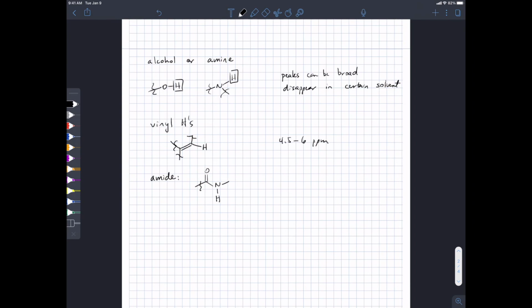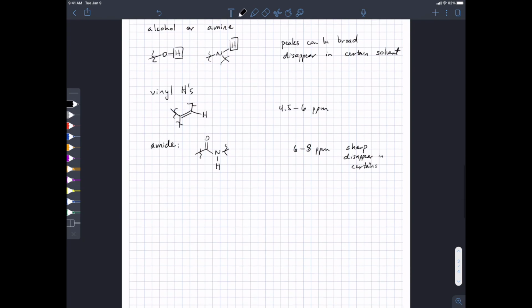So this is a proton attached to a nitrogen where the nitrogen's bonded to a carbonyl oxygen. This shows up in the 6 to 8 region of the spectrum, and the peaks tend to be sharp but they can also disappear in certain solvents. And some chemists use that as a way of assessing how strong certain hydrogen bonds are in biomolecules.